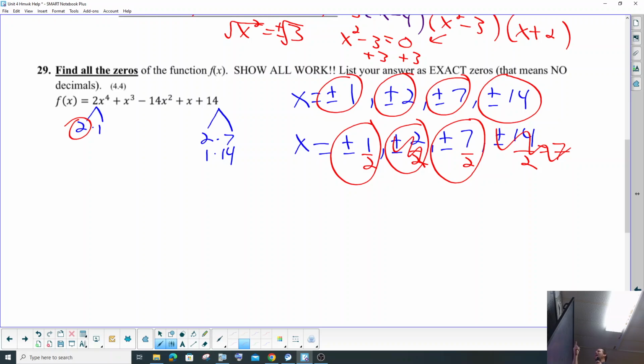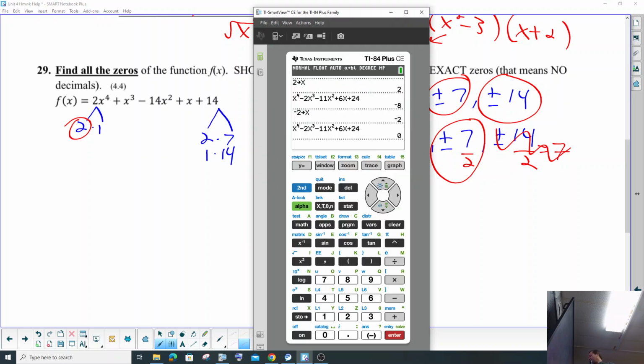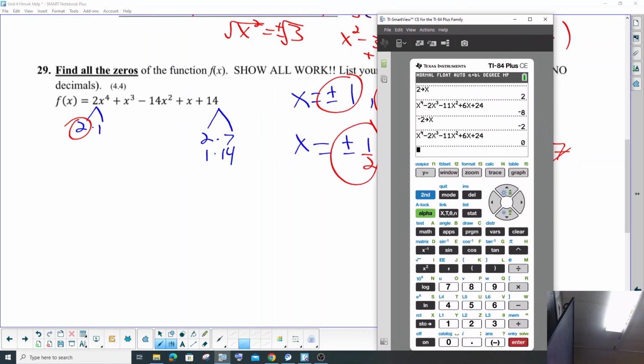What you do next is use your calculator and the same equation, and let's try 1. So 1 stores in for x, and now second enter, second enter.